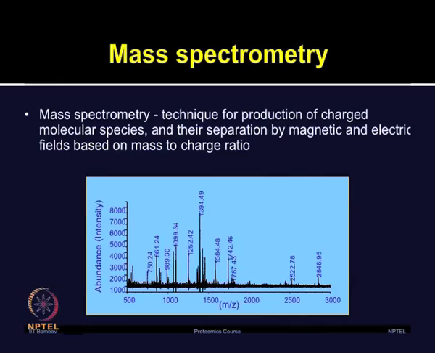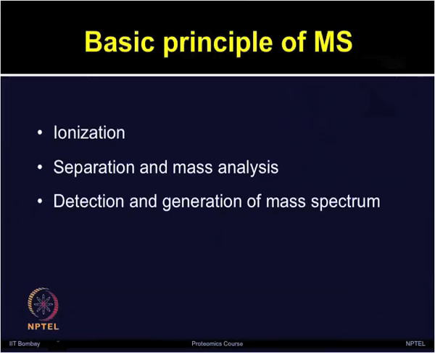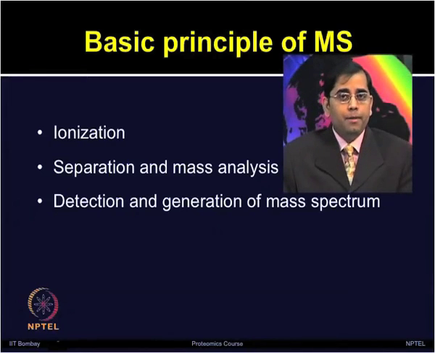By definition, this is a technique for production of charged molecular species in vacuum and their separation by magnetic and electrical fields based on mass to charge ratio. You can see the MS spectrum shown in the slide, m/z, and intensity or abundance plotted on the y axis. Now, what is the basic principle of mass spectrometry?